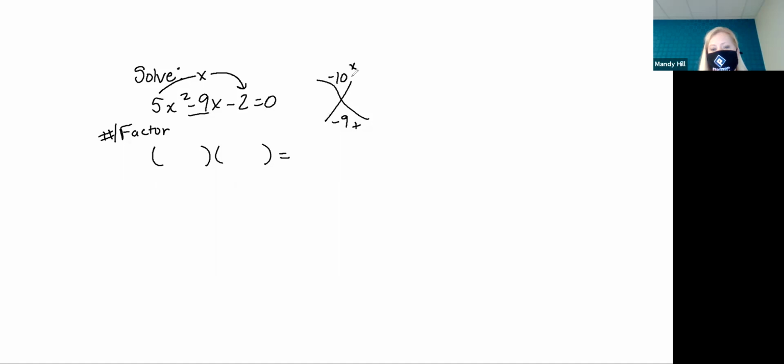Once you get to this point, you can say, I need 2 things that multiply to be negative 10 but add to be negative 9. Well, that's negative 10 times 1. Negative 10 times 1 is negative 10, and negative 10 plus 1 is negative 9. So the calculator will help you locate those 2 numbers, the negative 10 and 1, that make this work.